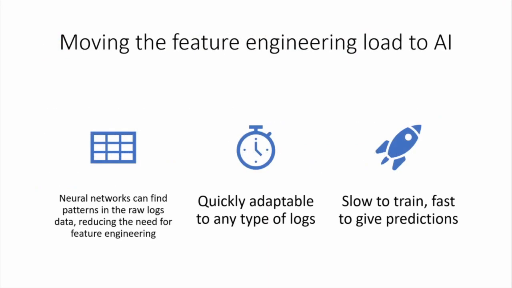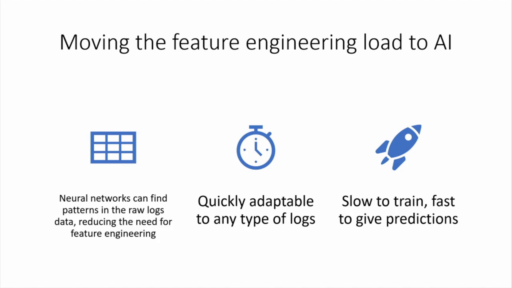So now let me talk a bit about why we are using neural networks and not other types of machine learning models. Actually, we consider neural networks in this problem because they are well suited for this type of data, which is raw data that hasn't gone through a step of feature engineering.